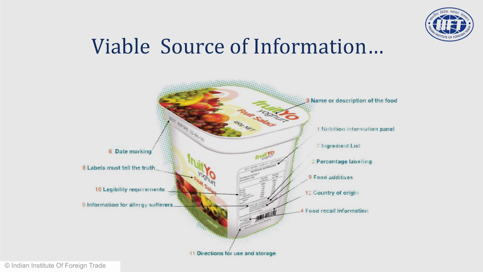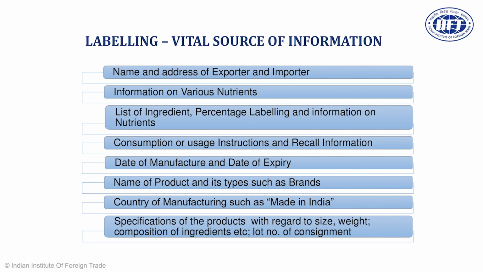Dear friends, in addition to that, in this packet, if you see, there is what we call fruit salad, which provides insights about percentage labeling, then name and description of the food, which food it is and what purpose it serves, then issues related to food recall information, then information for allergy sufferers. That is an important issue in places like Europe.